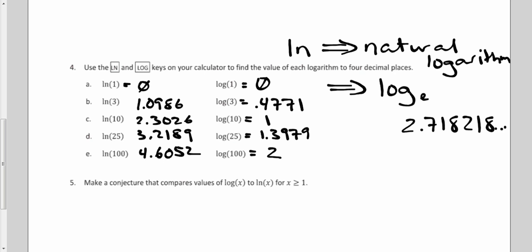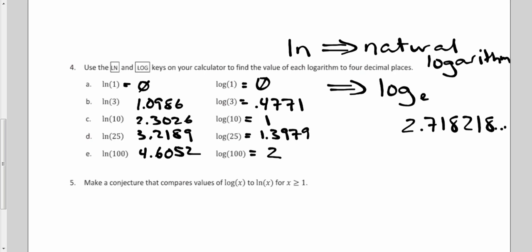Okay? Now, what happens to my logarithms? They start at 0, and then they go up. They go up fast at first, right? From 1 to 3, it goes up by 1. From 3 to 10, it more than doubles. But then, from 10 to 25, it goes up just over 1. From 25 to 100, it goes up just over 1.